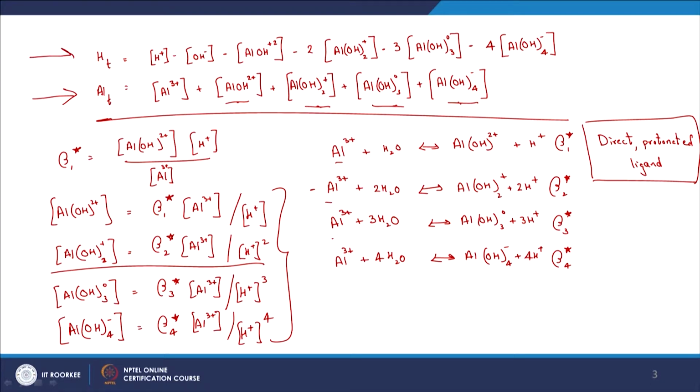Similarly we can do so here, and then you will end up with 2 equations and 2 unknowns. One would be H+, one would be Al3+, and you can then solve for H+ and Al3+. Once you have that you can obviously calculate the concentrations of the different species at equilibrium, right. So that's one way to go about that.